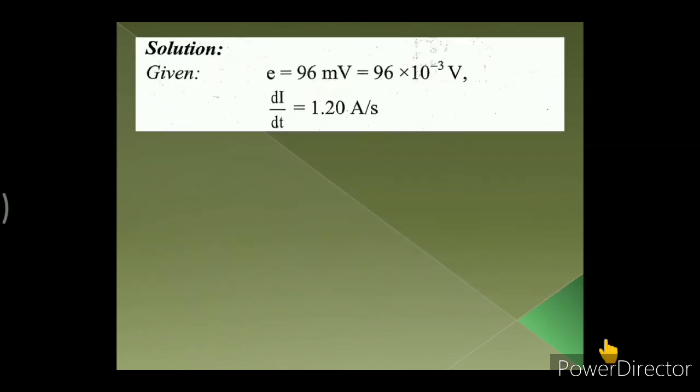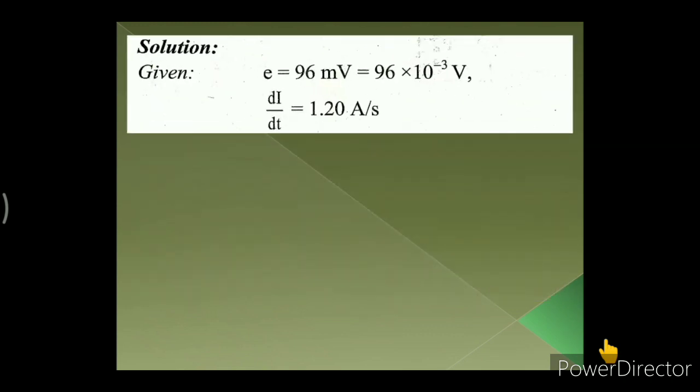Let's see the solution. As it is given, the EMF induced in the windings of the coil is 96.0 millivolt, which is converted to volt by multiplying by 10 raised to minus 3. So the value of E we can write as 96 into 10 raised to minus 3 volt.